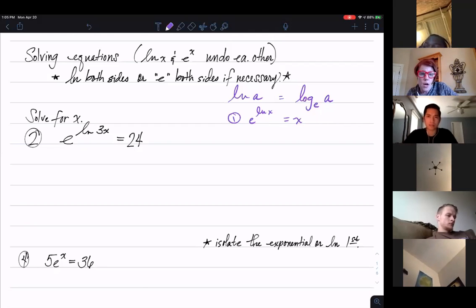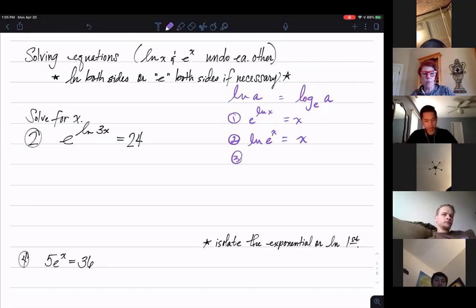Square roots and squares undo each other. It's the same concept where e's and natural logs undo each other. A second rule that we covered in Math 110 is the natural log of e raised to the x. Again, the two base e's are canceling each other out, so this is also simply going to equal x.